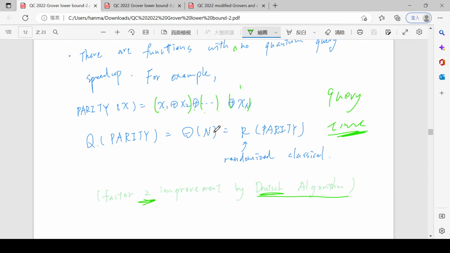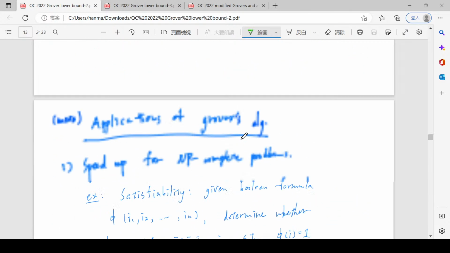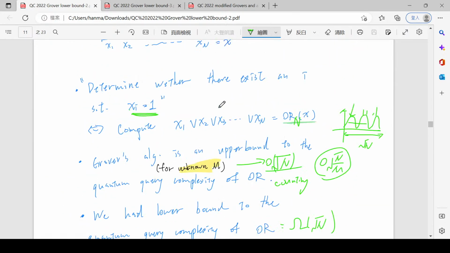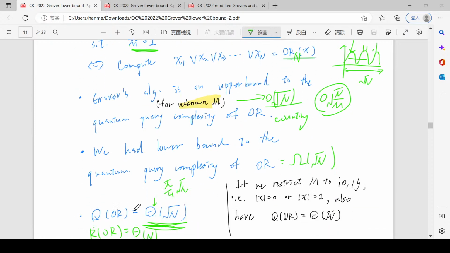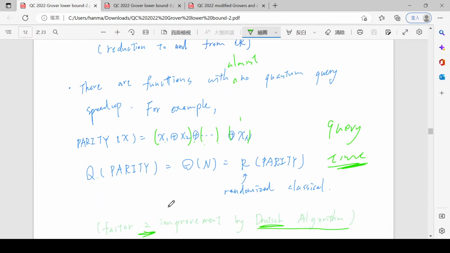We know Grover's algorithm solves the OR function, and the AND function is very similar to the OR function. So you can also use Grover's algorithm to solve the AND function in order square root n queries and time. But there are functions like parity where you have no quantum speedup.